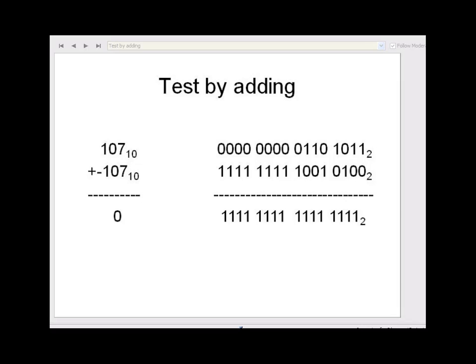It's almost 0. What could you do to that number, 1111, 1111, 1111, 1111, what could you do to that number to turn it into 0?